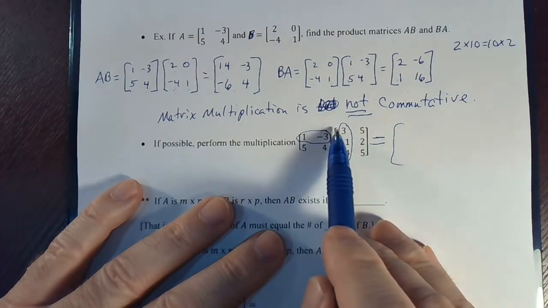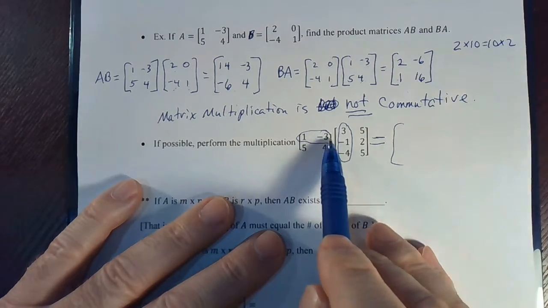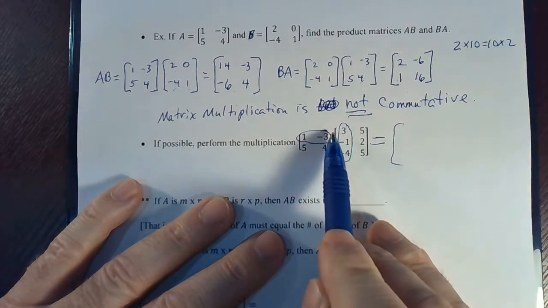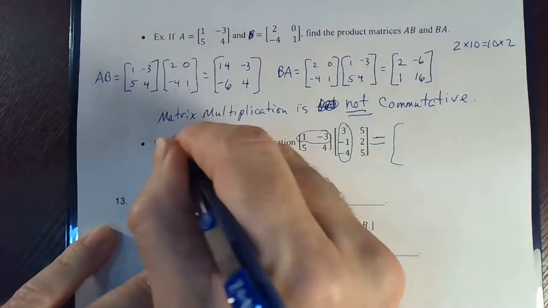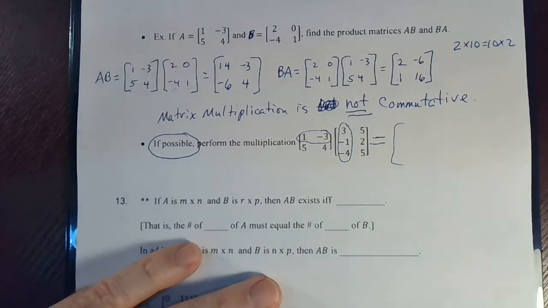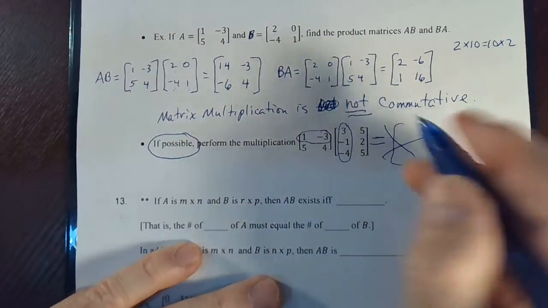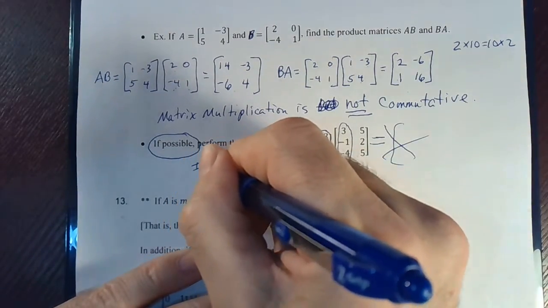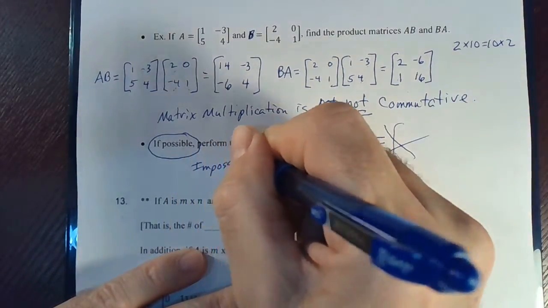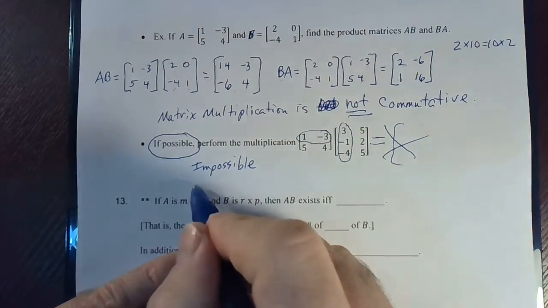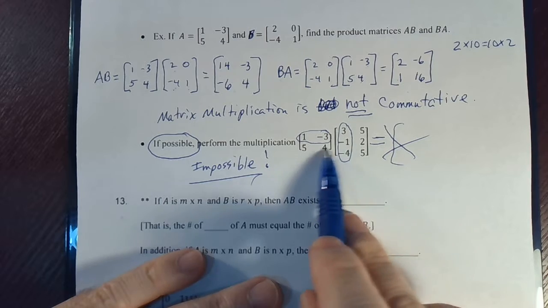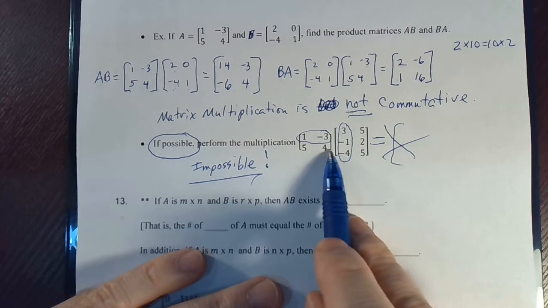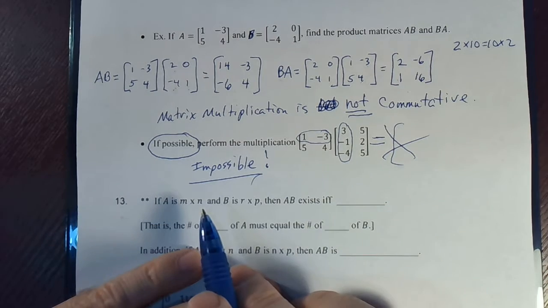You could take the first times a first, a second times a second, but then you still have a third down here with no third up here. So, notice in the instructions it said if possible. So how about if I just write impossible? We have size requirements, and these two matrices do not meet those requirements in order to be multiplied.